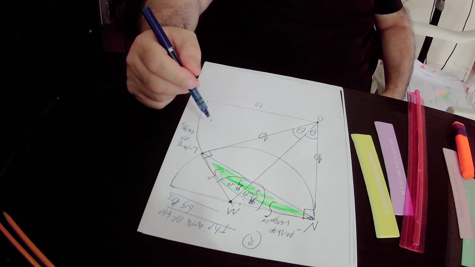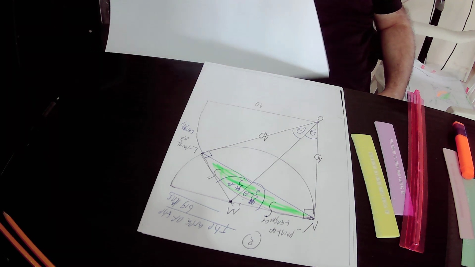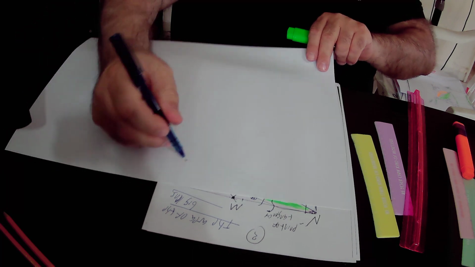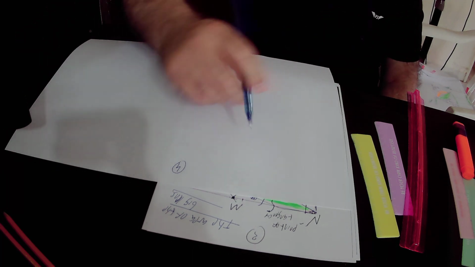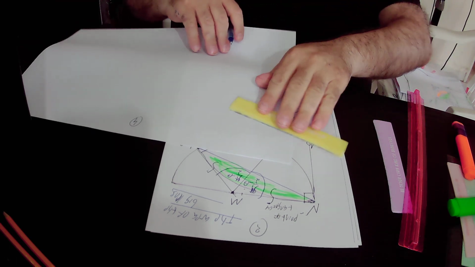Okay, what is the area of the upper circular segment NL, the green shape?